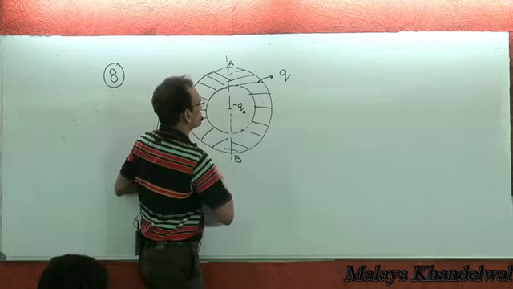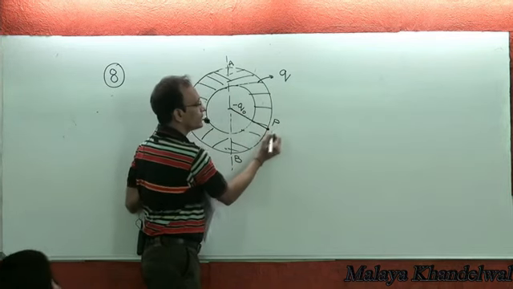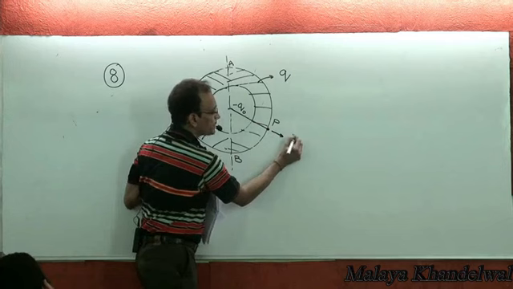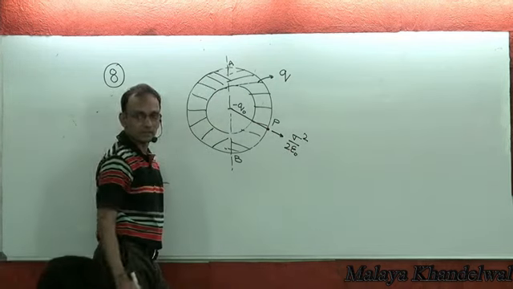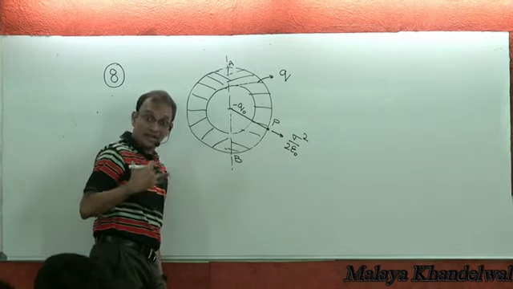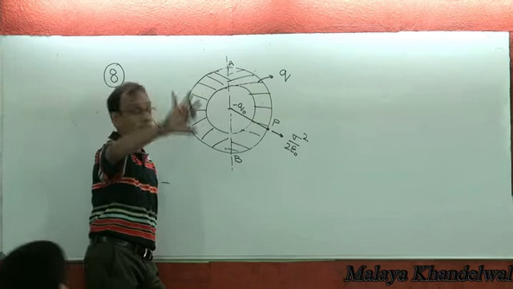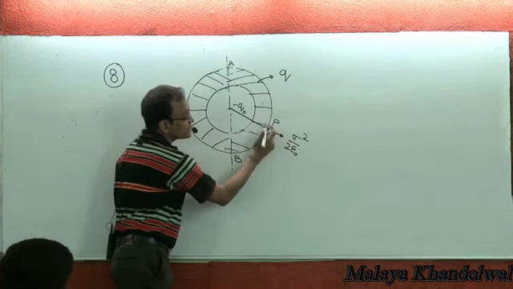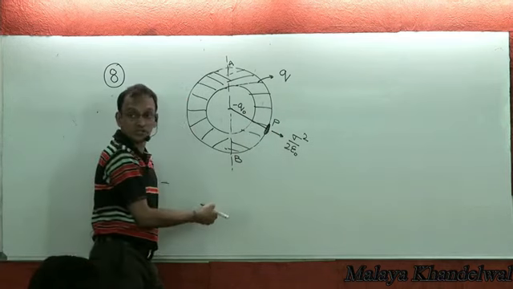Any point here will experience an electrostatic pressure which is sigma squared by 2 epsilon naught, where sigma is the surface charge density at P, because of the charge on this entire surface. And this charge element will also experience electrostatic attraction from minus Q naught.